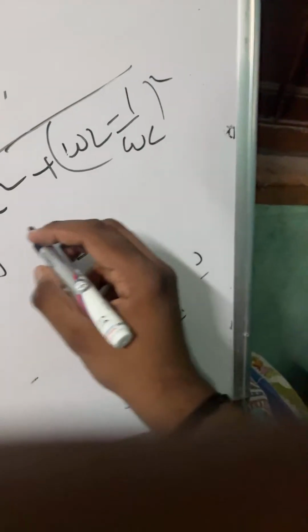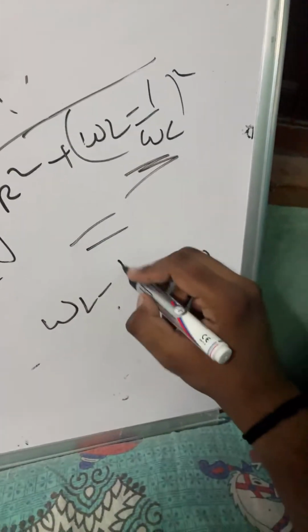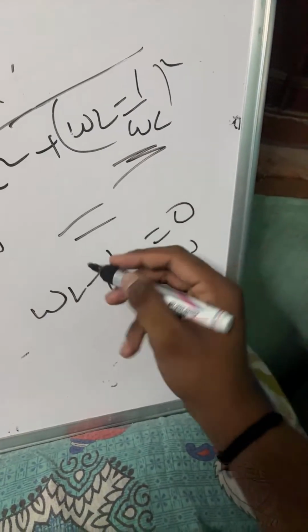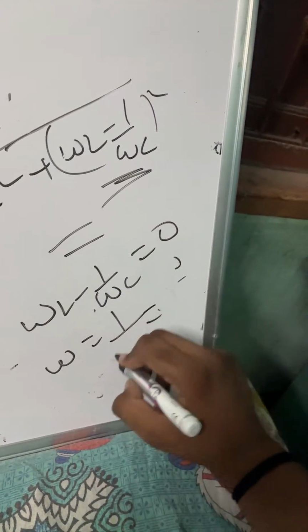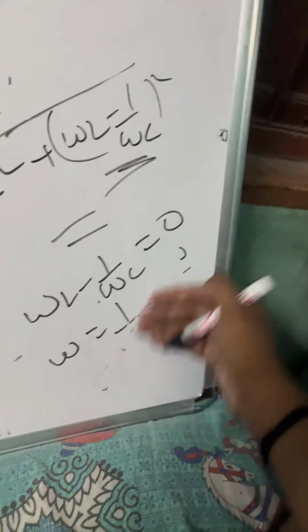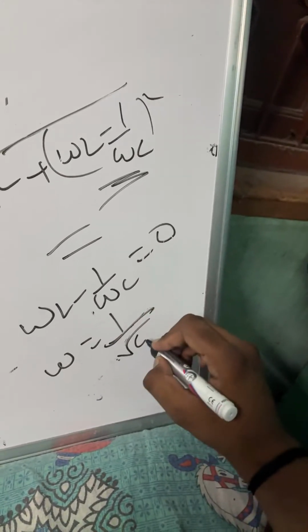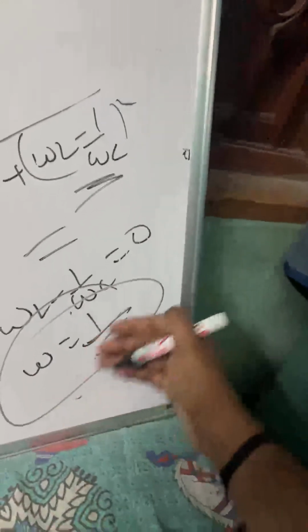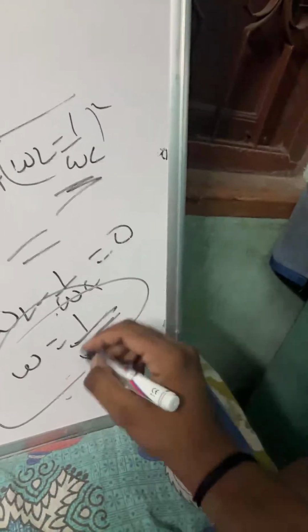It is the same logic. Here it's R square plus (ωL minus 1/ωC) square. So to maximize the current, we have to minimize this. It will be minimized when this term will be 0, so ωL minus 1/ωC is 0. So what we will get, ω equals 1 by root LC. This is the condition for resonance in the RLC circuit, right. This is very important. You can keep this in mind.